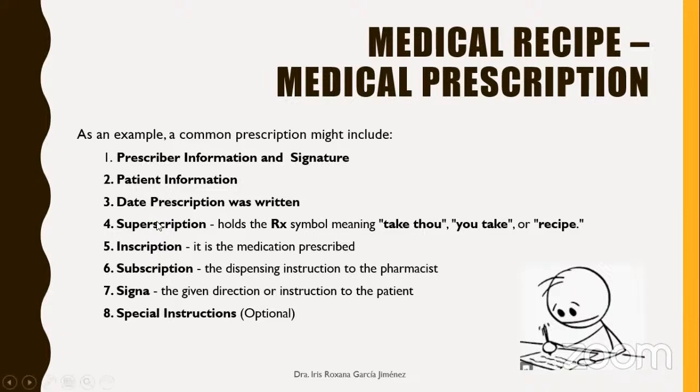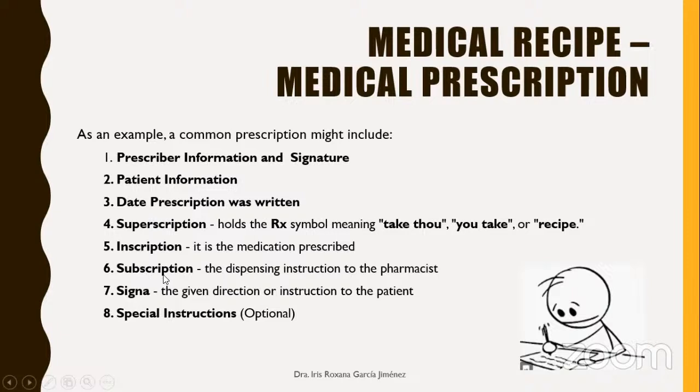The superscription holds the Rx. That's the symbol we always check in medical prescriptions, and it means take, or receive. Let me correct it, previously I sent it to you as receive. The inscription is the medication prescribed.